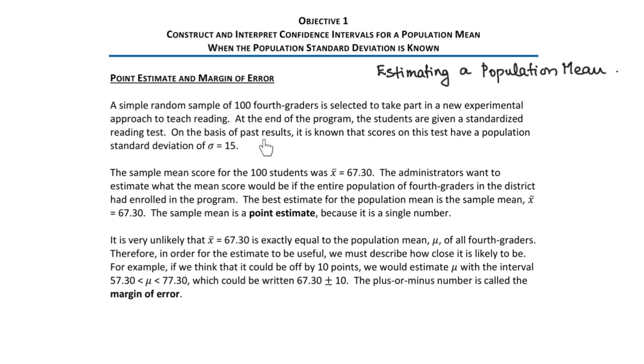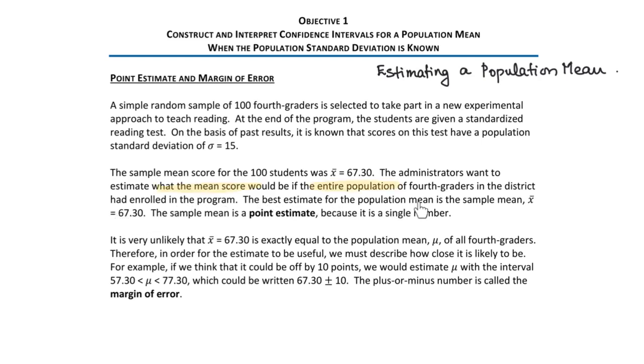On the basis of past results, it is known that the scores on this test have a population standard deviation of 15. The sample mean score for the 100 students was 67.30. The administrators want to estimate what the mean score would be if the entire population of 4th graders in the district had enrolled in the program.